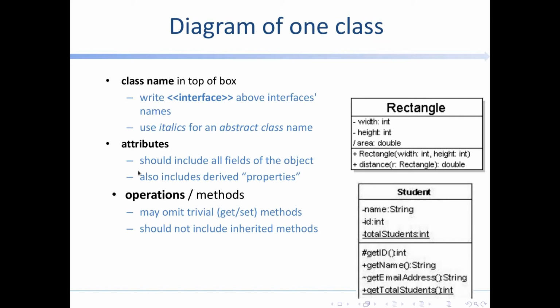For the attributes, we should list all the attributes in here, and you can see for this rectangle we have the width and height, and we also have the area. However, the area can be easily calculated by multiplying the width and height, right?